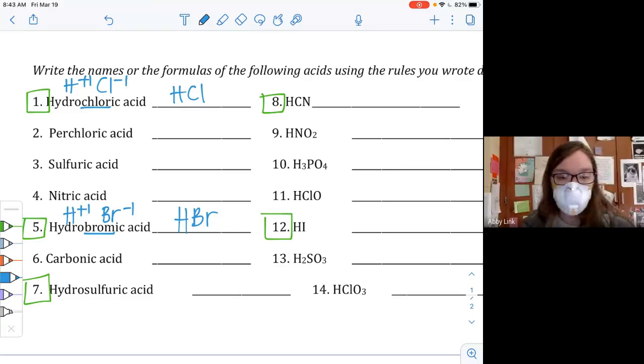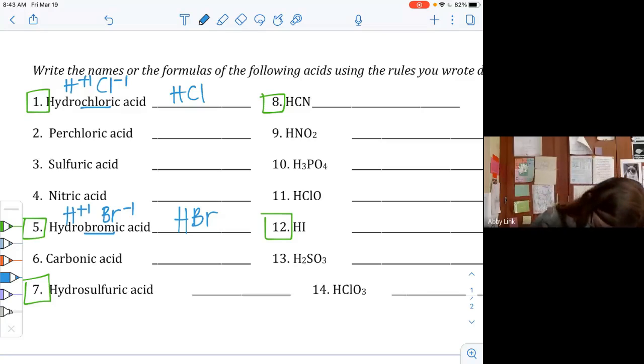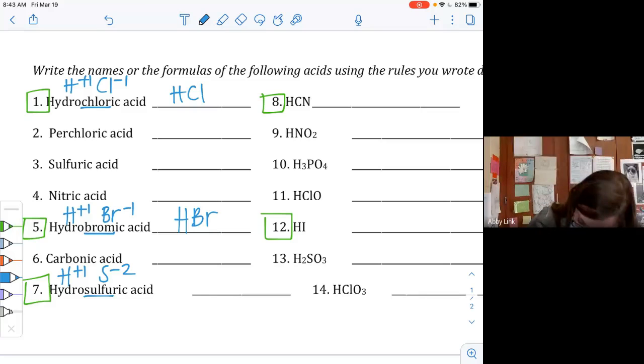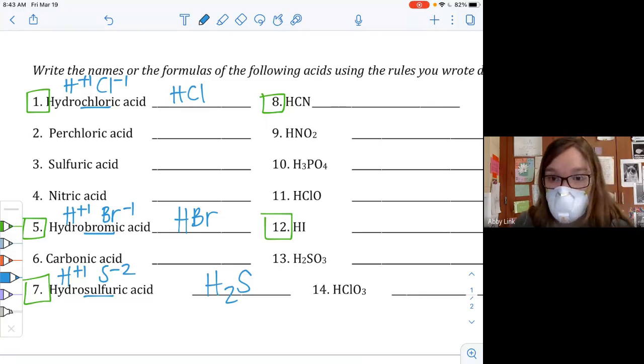Hydrosulfuric. Again, hydrogen is our cation. Sulfur is S-2. So what would my formula be for hydrosulfuric acid? H2S. Exactly. I'm going to need 2 hydrogens there to balance out that S.